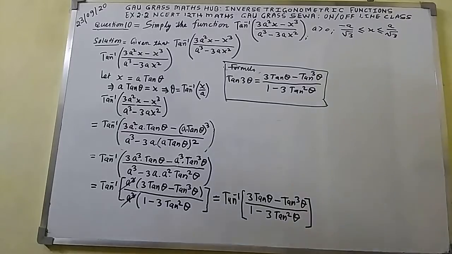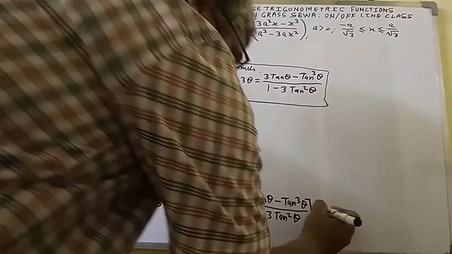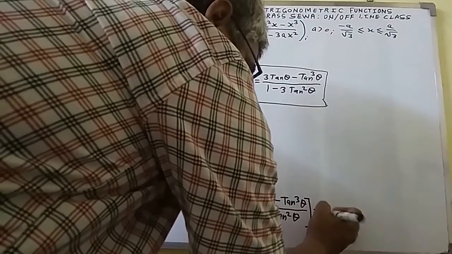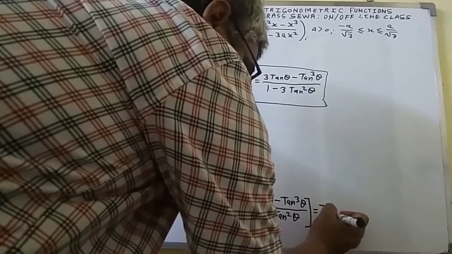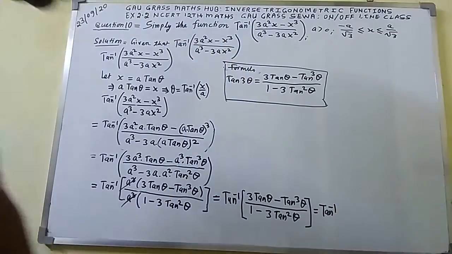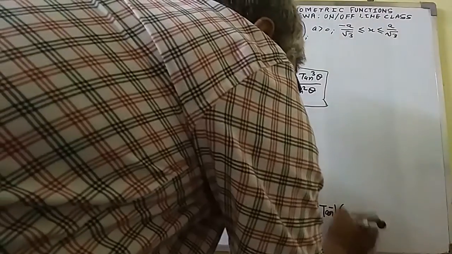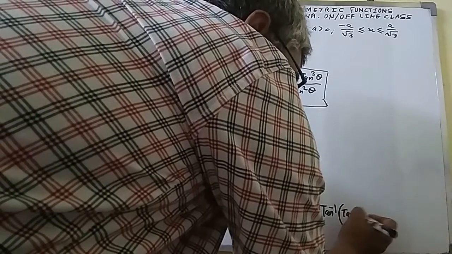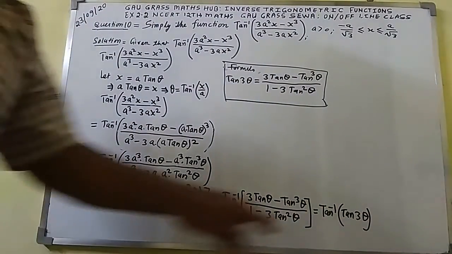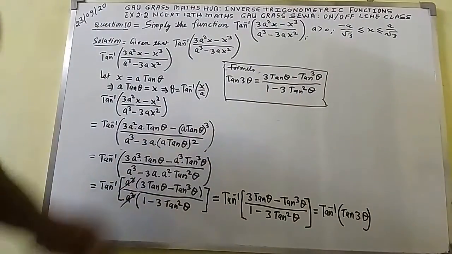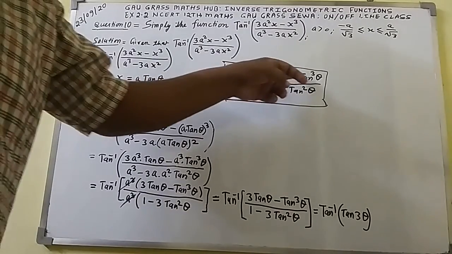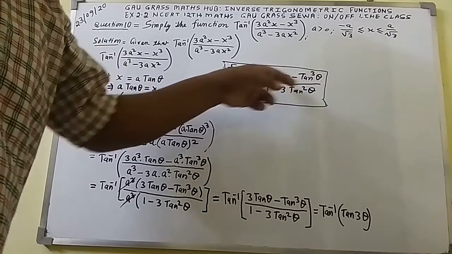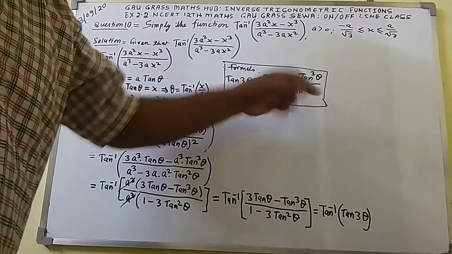So what to do next? Next you can write very well equal to tan inverse, here you can write very well tan 3 theta. Because you know tan 3 theta equal to 3 tan theta minus tan cube theta whole over 1 minus 3 tan square theta.